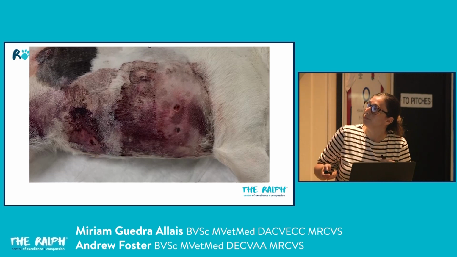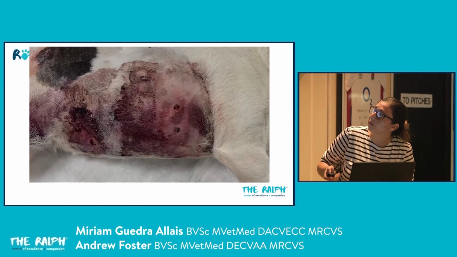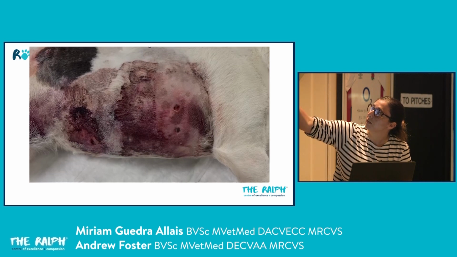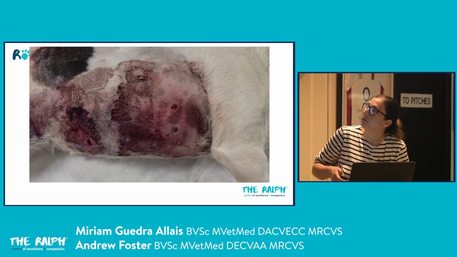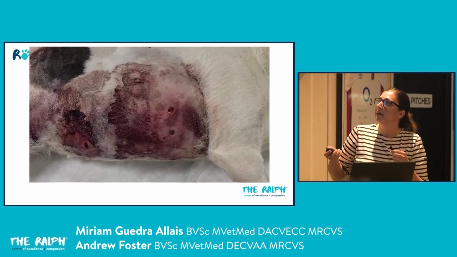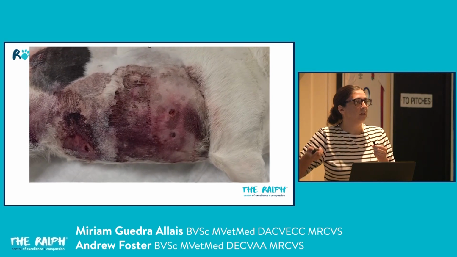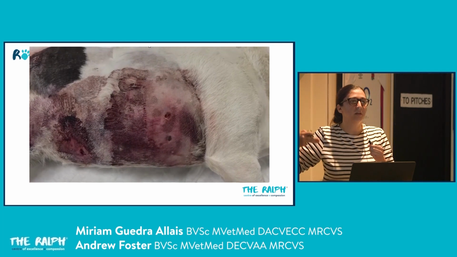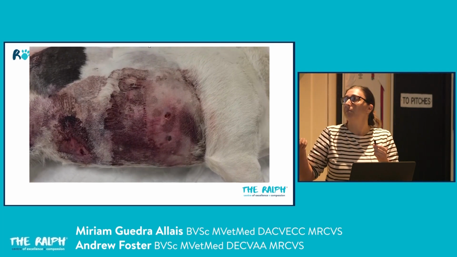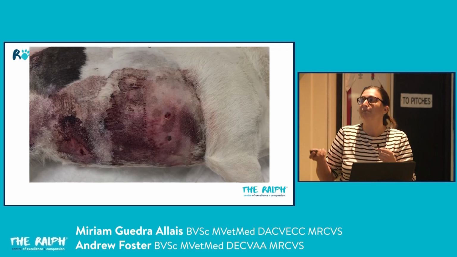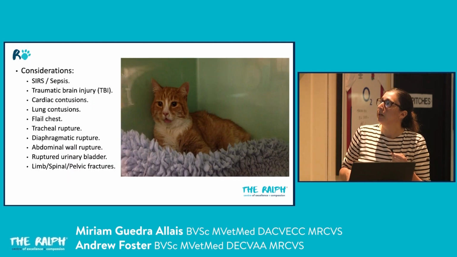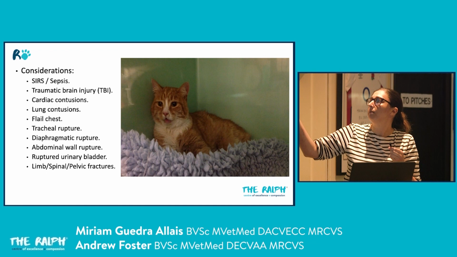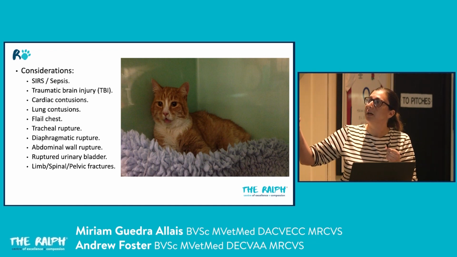On this one, you can see he has a flail chest. Yeah, it's pretty cool, I like flail chest. But again, that could mean there's other trauma inside. He could have fractured ribs, could have a laceration, could have bleeding into the chest. A typical cat with polytrauma, you think about TBI.